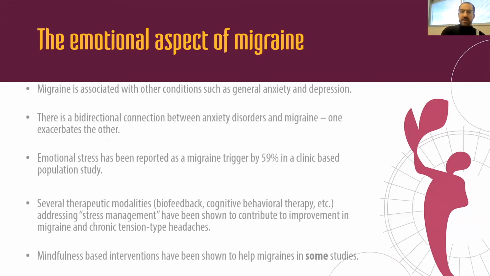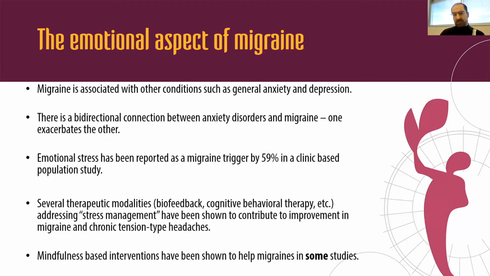Now we know that migraine is also associated with other conditions such as anxiety and depression, and this relationship is bidirectional, meaning one affects the other. So first of all, if I have a migraine, of course I'll probably be anxious about it. It's not pleasant.